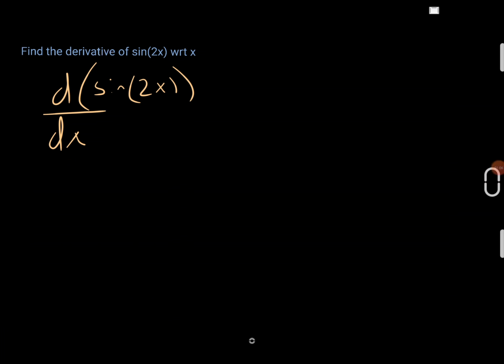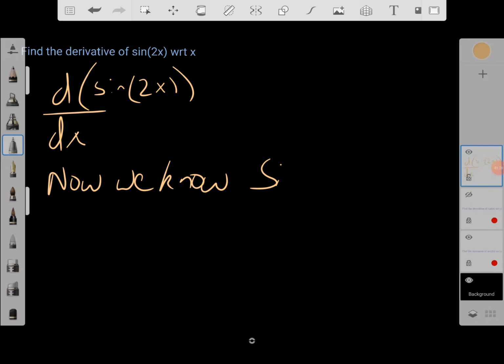Anyways, we'll go with the way that you know, and that is by using a trigonometric identity. We know sine 2x, see, I wrote a capital S again.